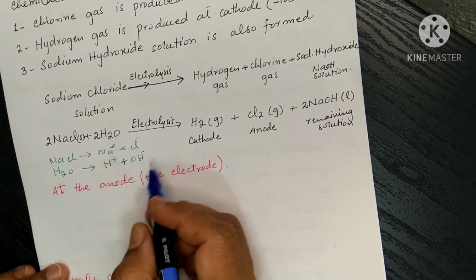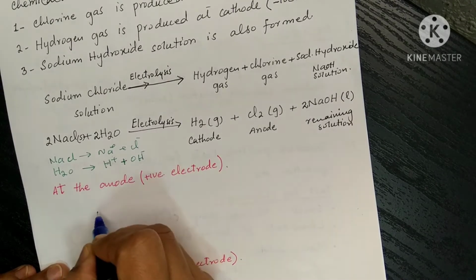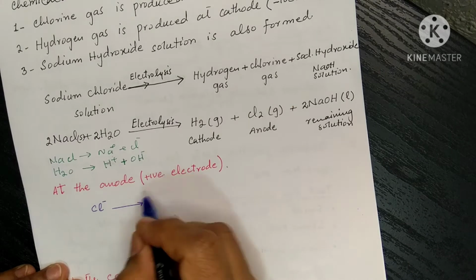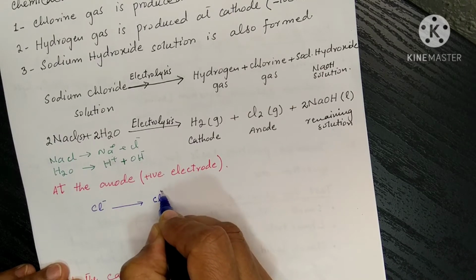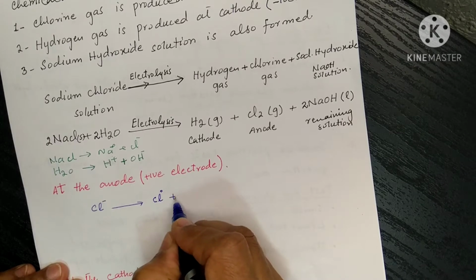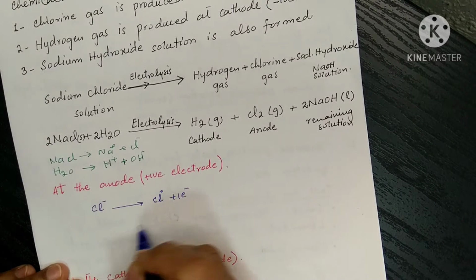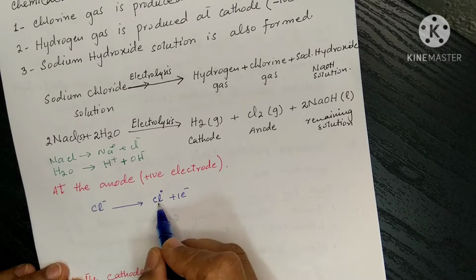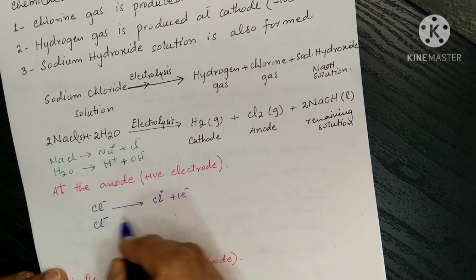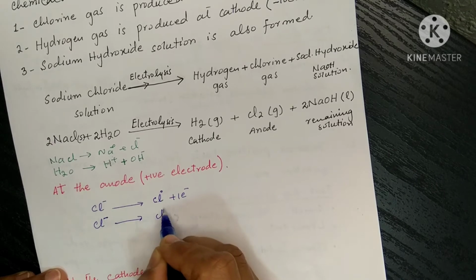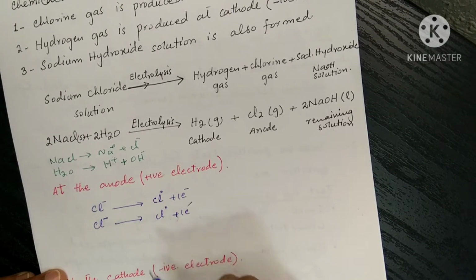For example, we can write the reaction at the anode like this. Chloride ions, when they reach the anode, will lose the electron and convert into neutral chlorine. Chlorine gas exists in the form of a molecule. Another chloride ion loses the electron and converts into chlorine.